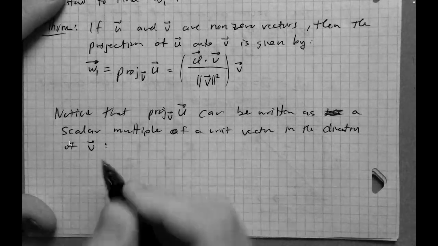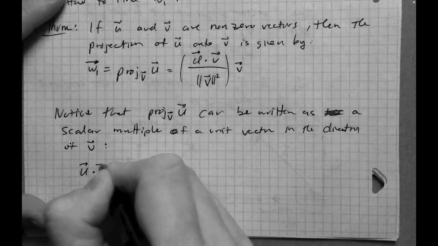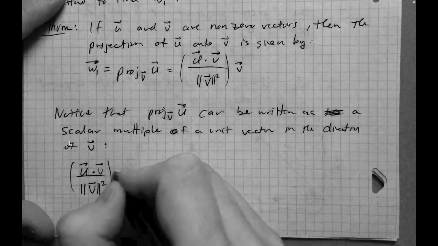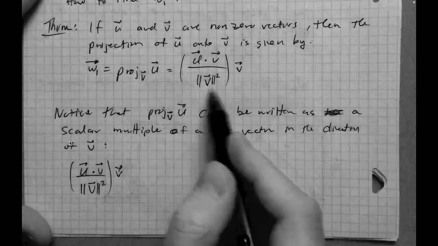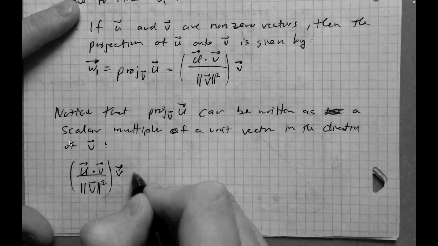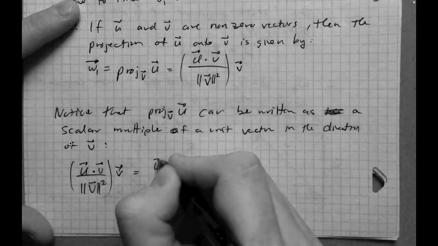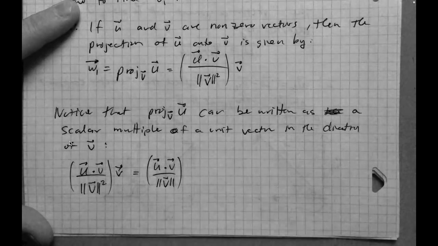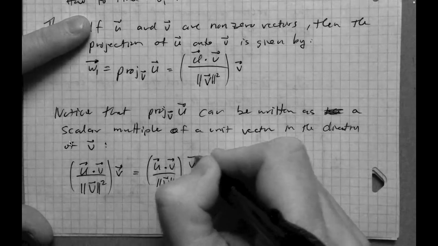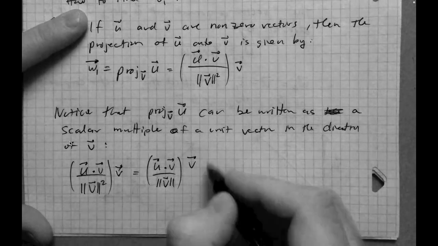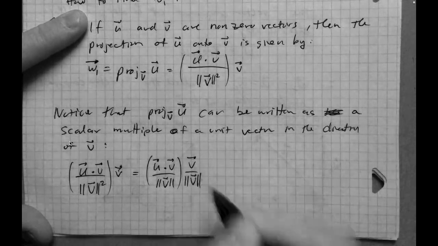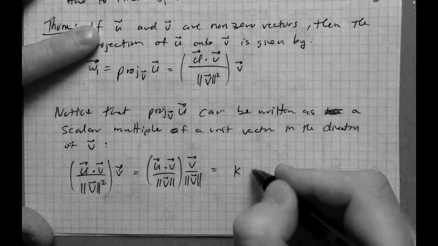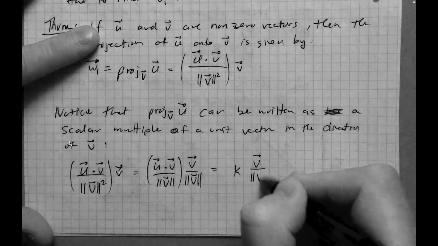So what does that produce? Well, you've got your U dot V divided by the norm of V squared times V. Okay, so that's the theorem we just looked at. And so that's equal to U dot V over the norm of V, and then you can take one of those out instead of norm of V squared, just have one of them there. Right, there you go.